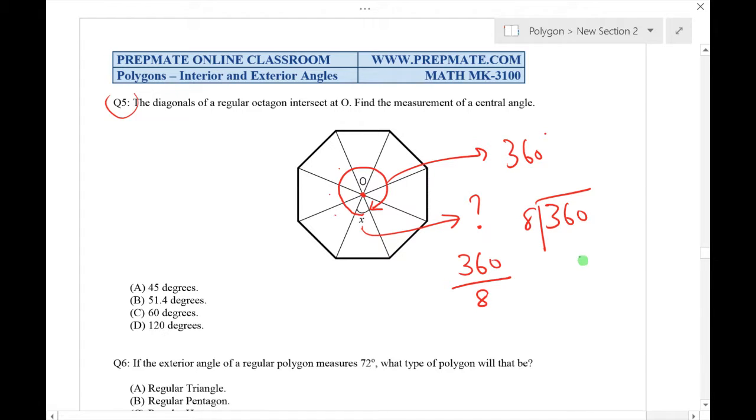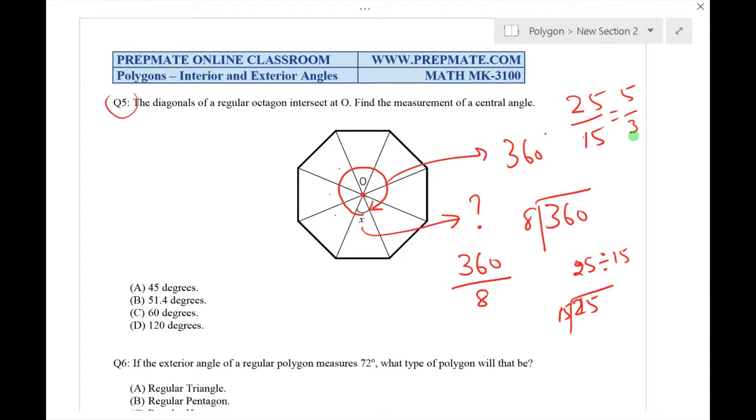Just like, for example, if you want to divide 25 by 15, you can write 25 over 15 and simplify. You can see that this is 5 5s and this is 3 5s. So it becomes 5 by 3. So you simplify to have a very happy life. So I'm going to simplify here.